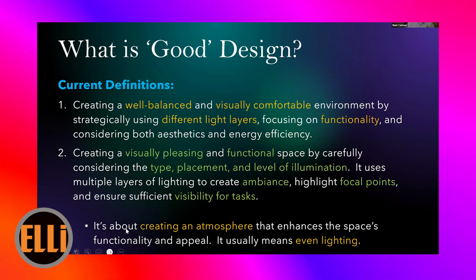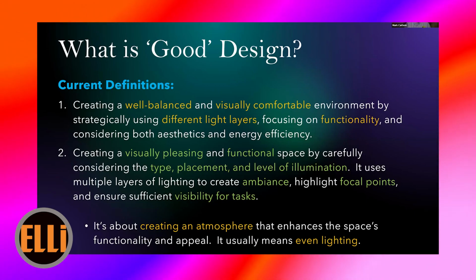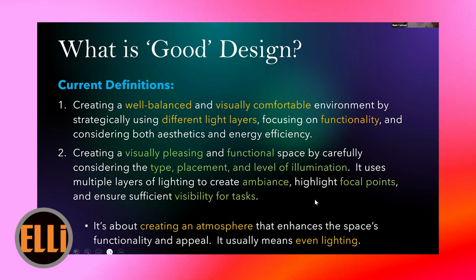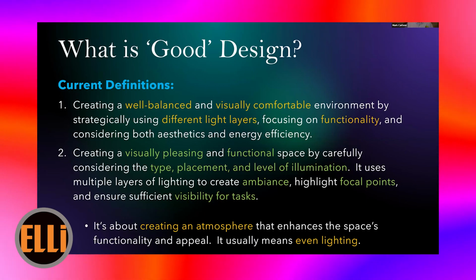Basically, it's about creating an atmosphere that enhances the space's functionality and appeal. It usually means even lighting. These different ways of describing what good design is are all great, and it makes sense. But as we'll see, there are several things that are missing when trying to determine how to create a good design.